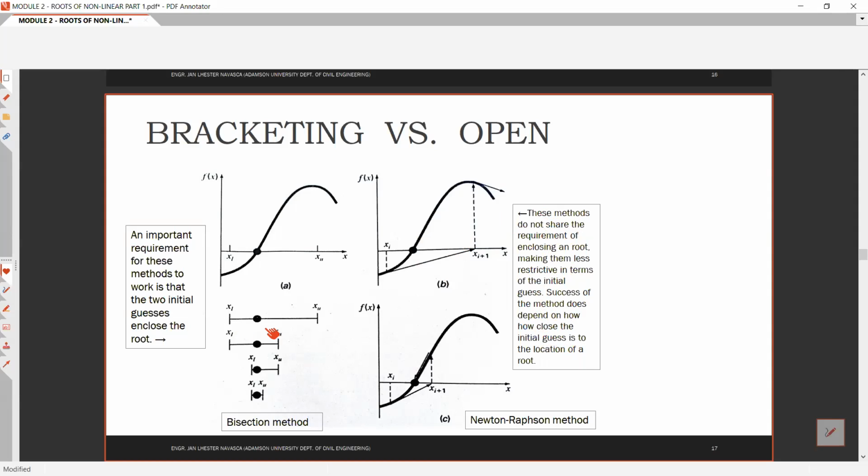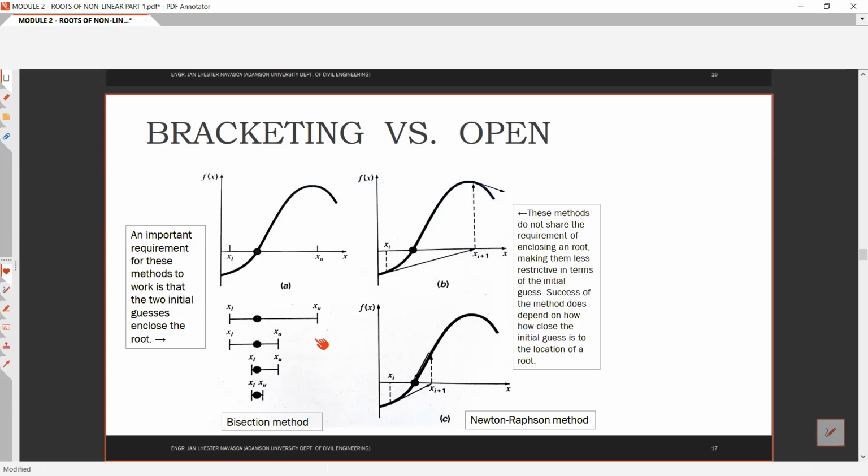Pero dito sa bracketing method, dapat malaman mo, so you need to have an overview kung nasaan ba yung root para maging successful yung XL and XU mo, yung guesses mo. So sana i-graph nyo muna yung function. So pag nag-graph kayo ng function, or nag-table kayo, you find dito sa baba negative, dito sa taas positive.